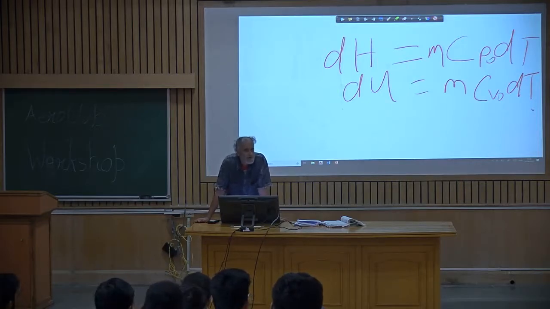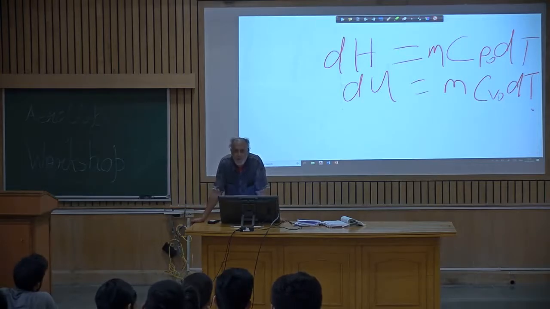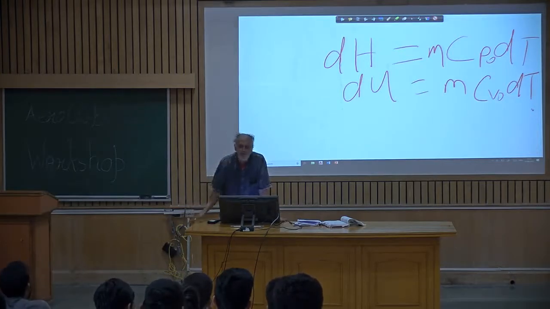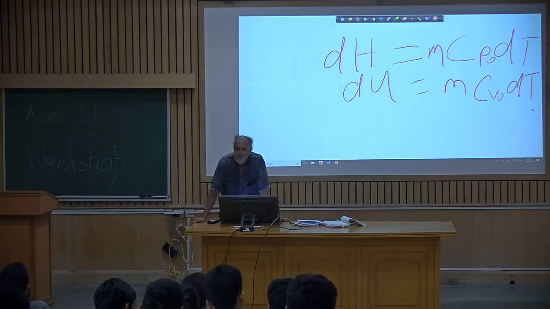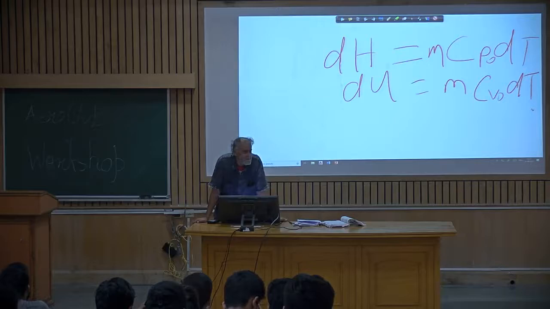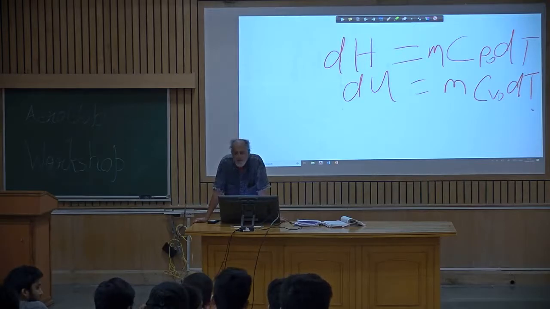So one more thing. Einstein said all oscillators are similar, and they all vibrate at a single frequency. But you think you know real life a little better than Einstein, so you will think there must be a distribution of frequencies.